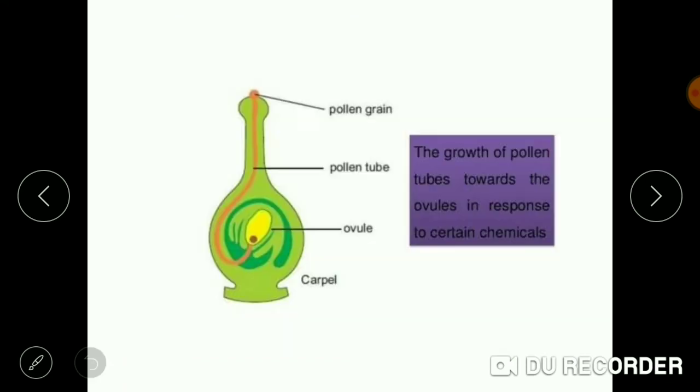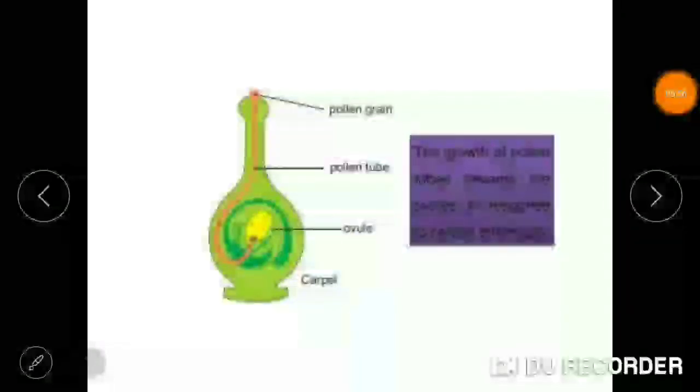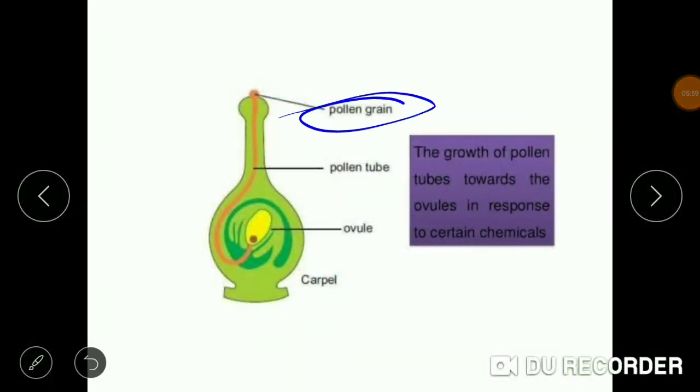Now see the diagram over here, in which as soon as the pollen grain falls on the stigma of the pistil, we'll see that it starts growing a pollen tube towards the ovary containing the egg. Why does this happen?